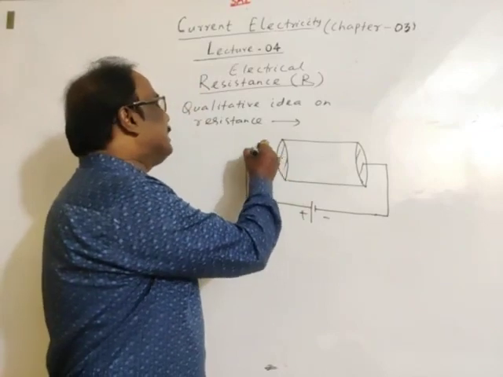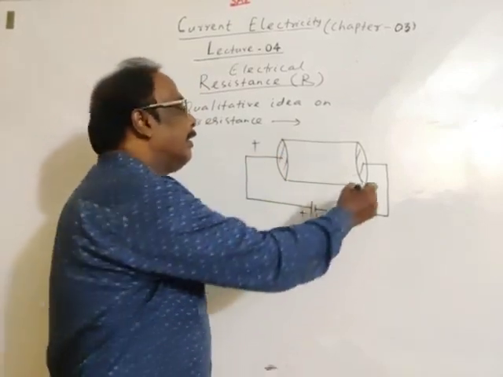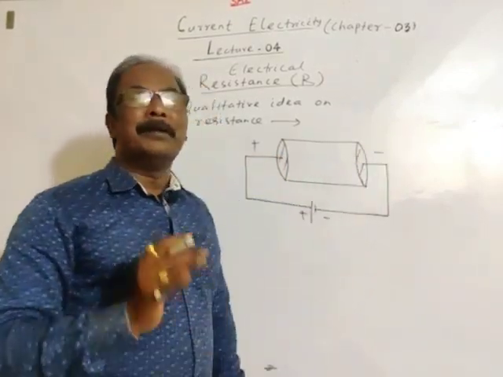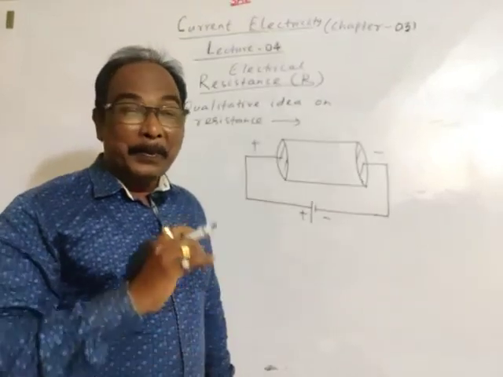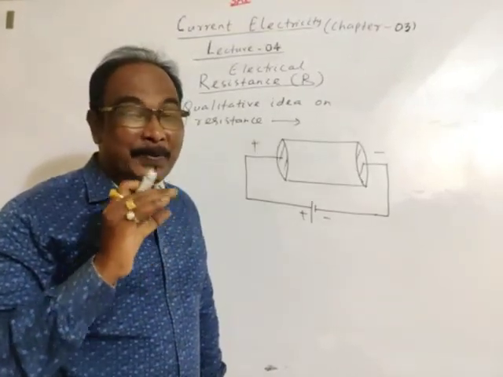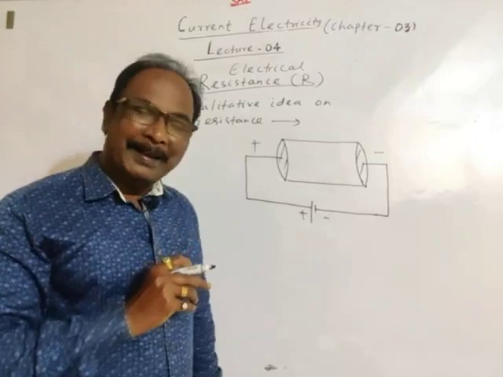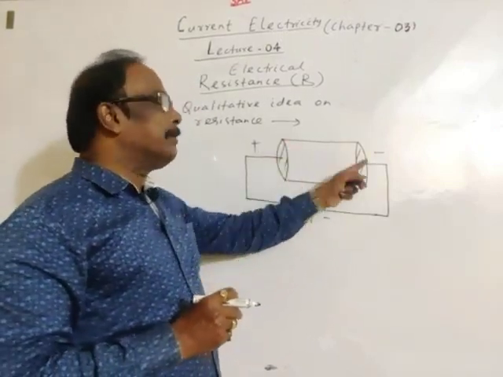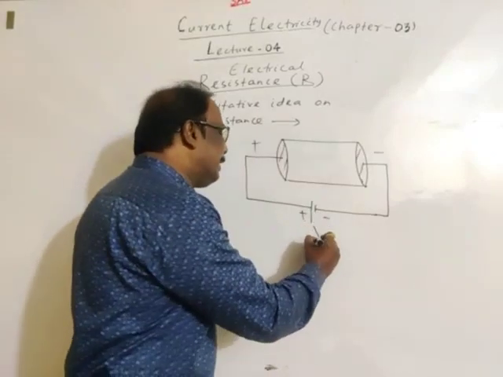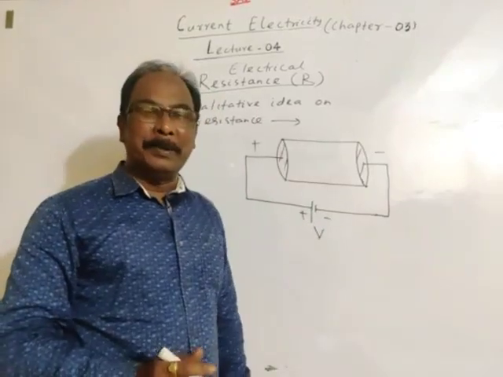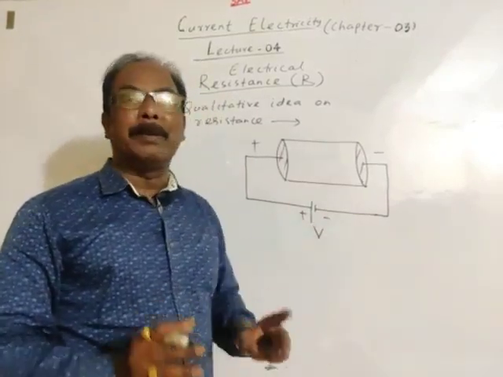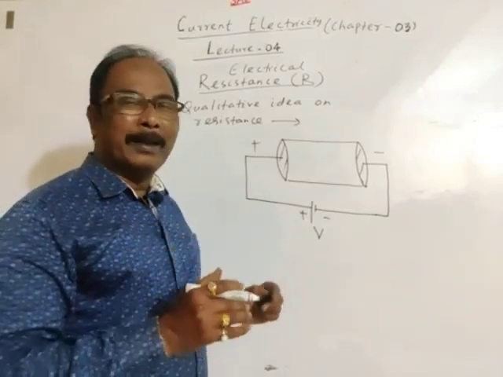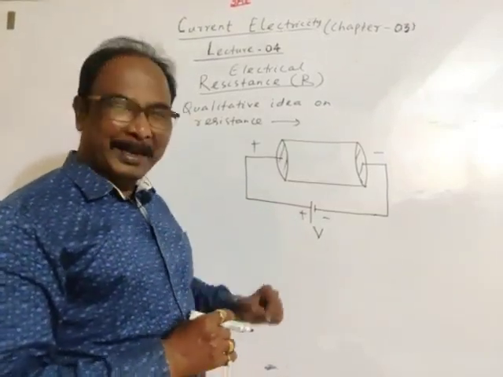So this end is connected to the positive terminal and this end is connected to the negative terminal. When the conductor is connected between terminals of a cell like here, the potential difference between the positive and negative terminal is V, or you may take delta V. I have taken V.